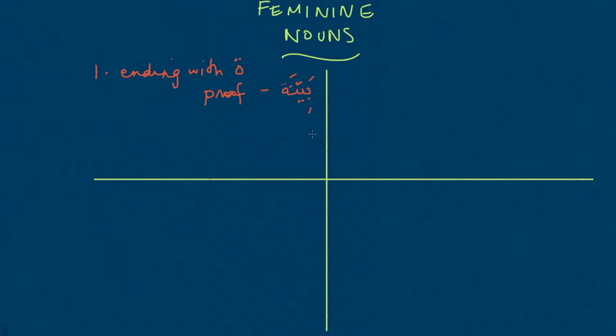We have the word jannah, which means paradise, and it can also mean a garden. We have ni'mah, a blessing. So all these nouns ending with the ta marbuta are automatically considered feminine.